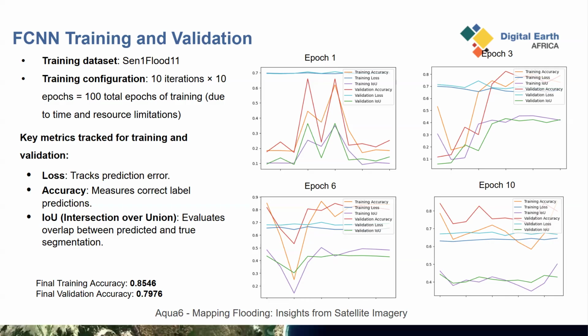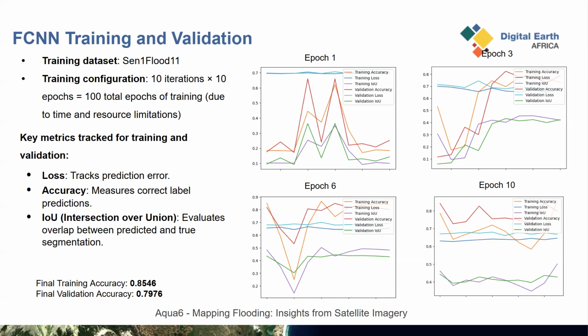As you can see here, with this configuration, the model had a training accuracy of 0.8546, so that's about 85%, and the validation accuracy of about 80%.